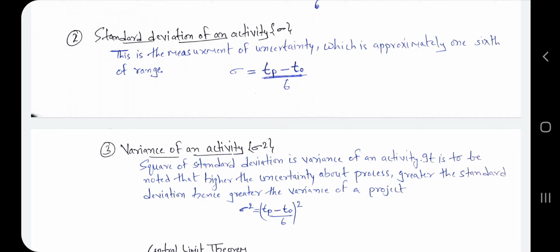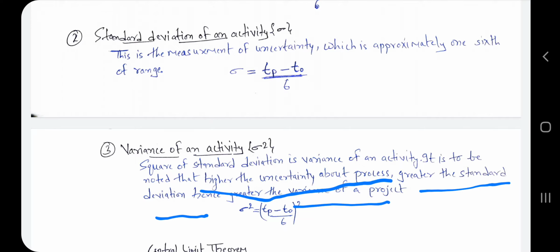It is to be noted that the higher the uncertainty about the process, the greater the standard deviation. You have to remember this line: the higher the uncertainty about the process, the greater the standard deviation, and the greater the variance of the project.